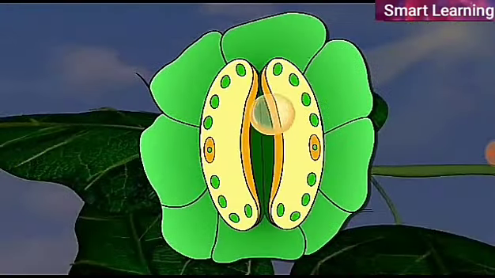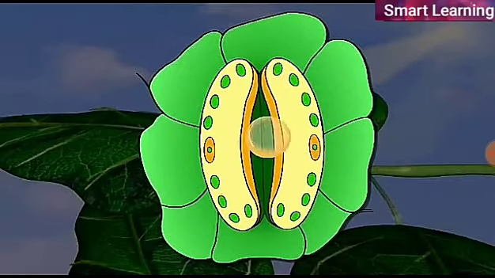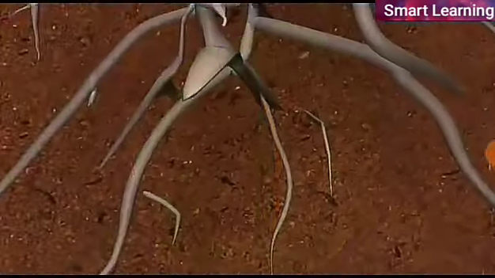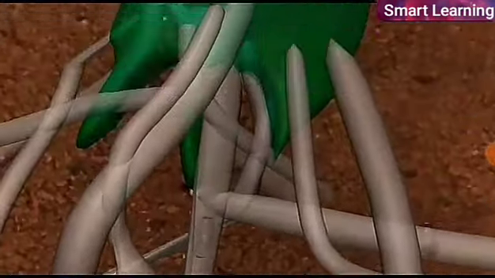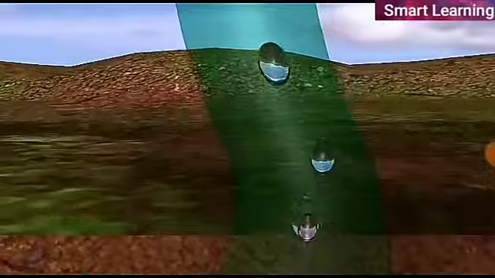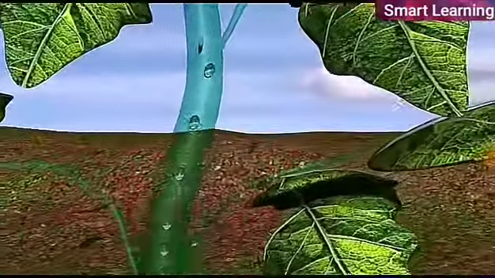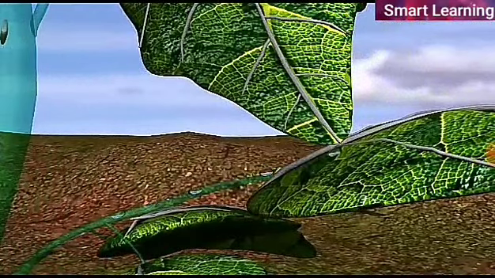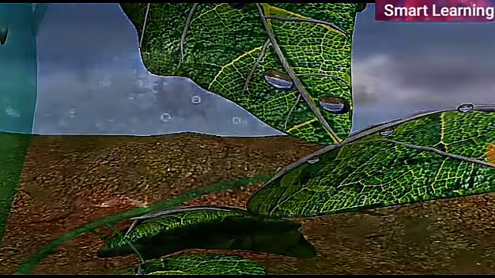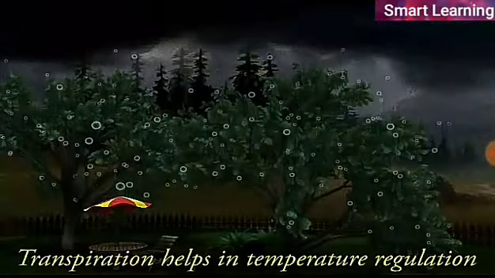So the water which is lost through the stomata is replaced by water from the xylem vessels in the leaf. Thus, transpiration helps in the absorption and the upward movement of water and minerals from the roots to the leaves, and also helps in temperature regulation.